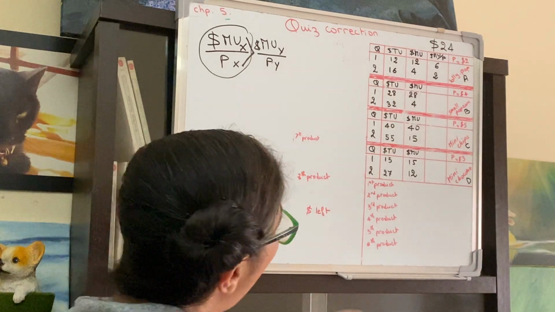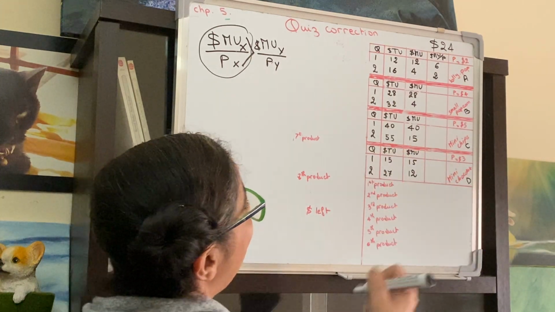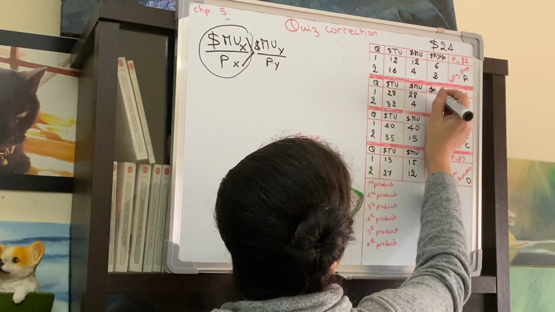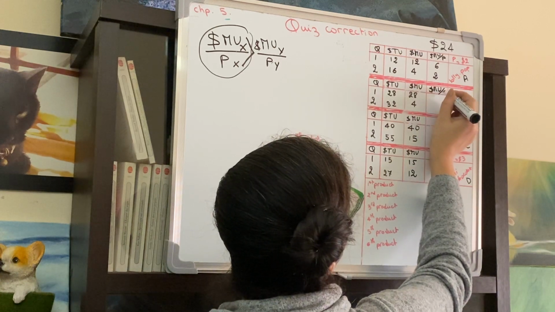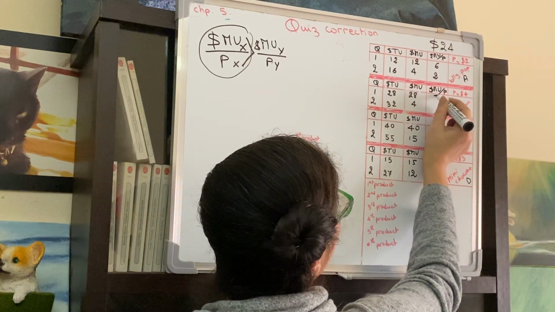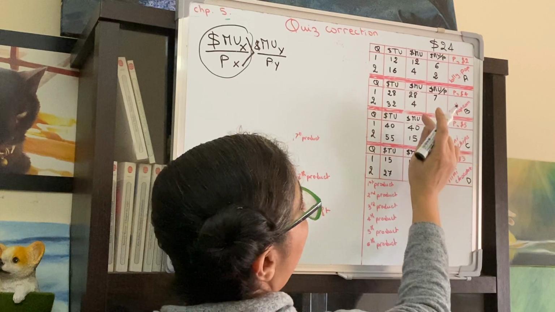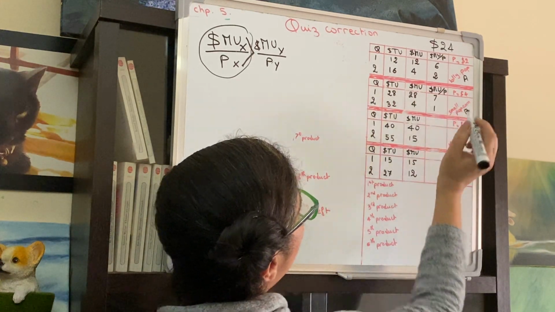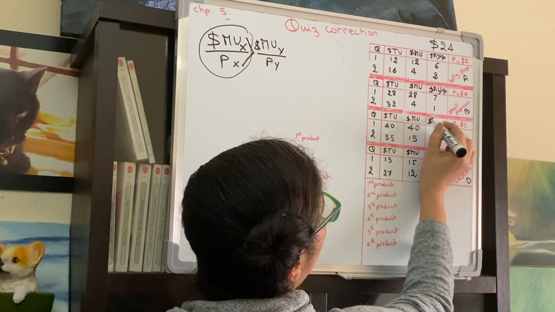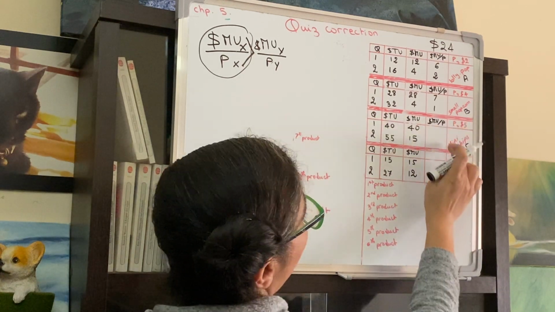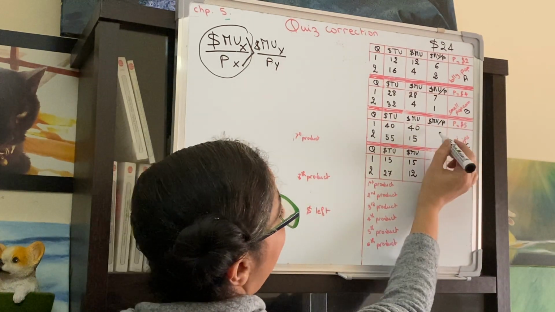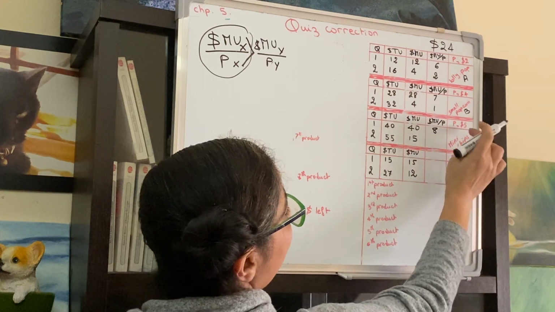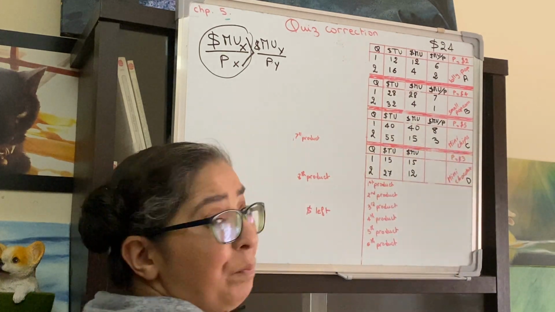Okay? So moving on, I'm going to do it for all of them. So dollar MU over P, 28 over 4, that's 7. 4 over 4, that's 1. Dollar MU over P for mini chips, 40 over 5, that's 8. 15 over 5, that's 3.